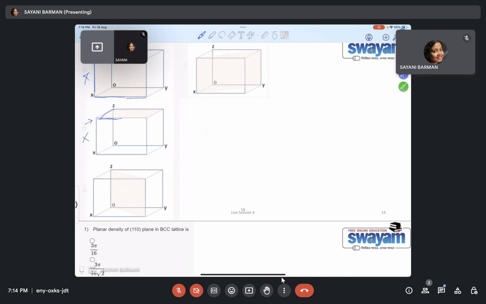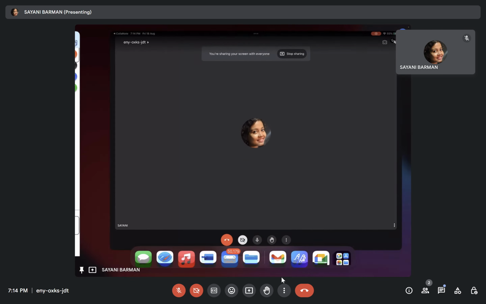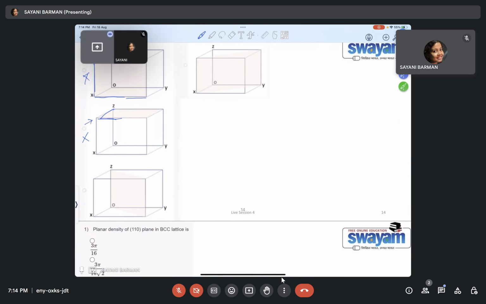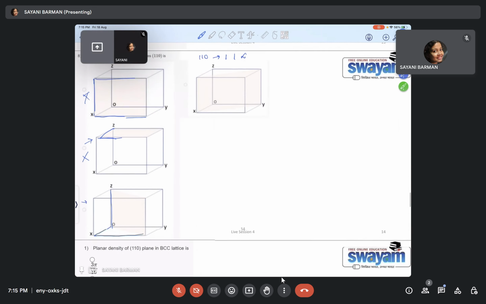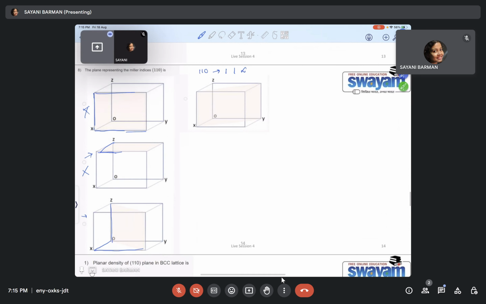Just a sec. For this plane, it is not parallel to any axis, right? But the z-axis it's parallel. So if we do the math, it will be 1, then 1, and this is parallel to the z-axis.